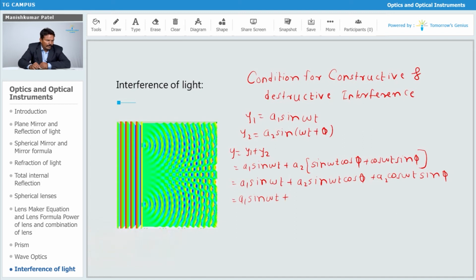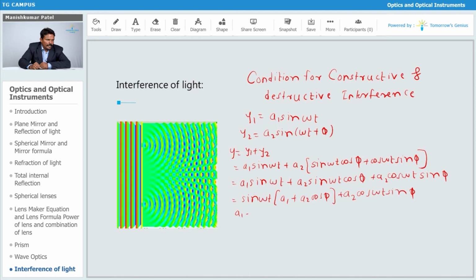Or instead, you can do one thing: take sine omega t common, and this one is a1 plus a2 cos phi, and similarly a2 cos omega t sine phi.